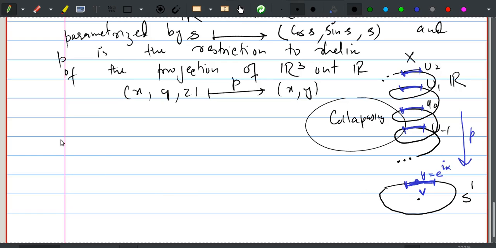Let us consider another example. So this is example two. Let us take X to be the infinite helix.